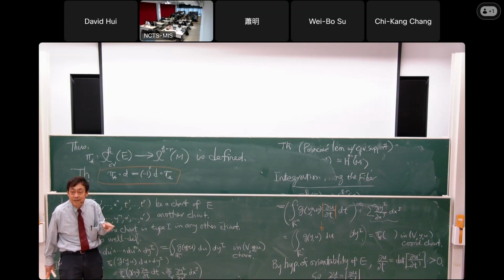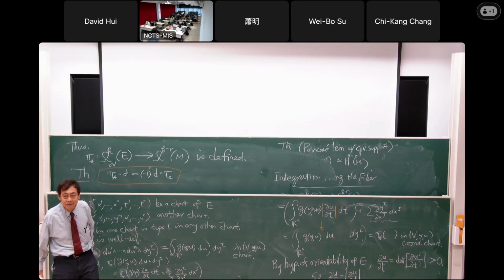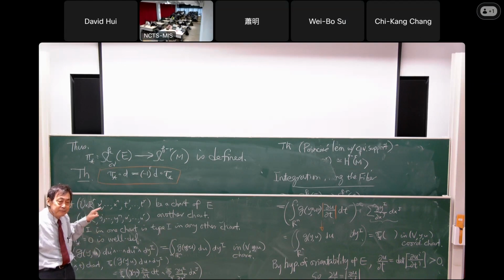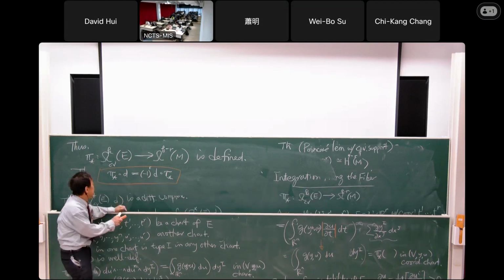Which is better? Is it better to have a sign or not to have a sign? Actually, this is better. I think this is more correct. See, it's because d has degree 1.